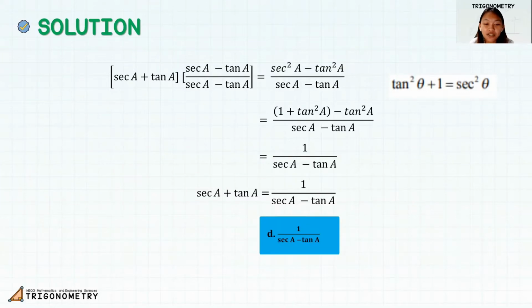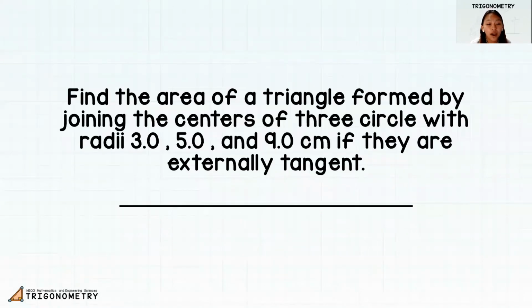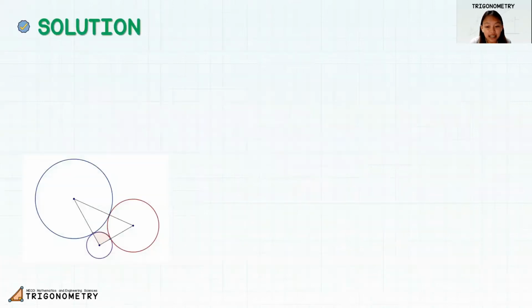So moving forward to the next question, where we find the area of a triangle formed by joining the centers of 3 circles with radii 3, 5, and 9 centimeters if they are externally tangent. When we say externally tangent, it means that the outsides of the circles meet at a common point and can form a triangle out of it based on the picture being shown.